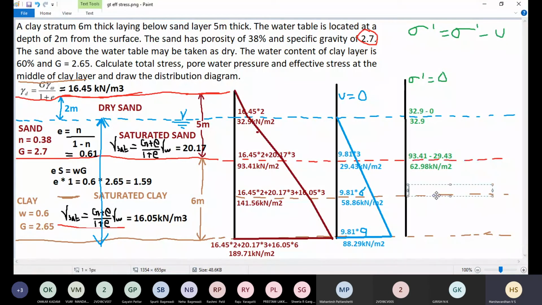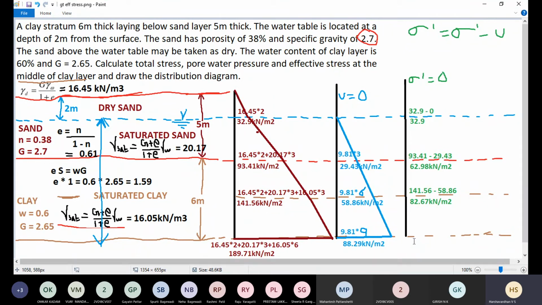At the center of the clay layer, total pressure is 141.56 minus pore pressure 58.86. So what is the effective stress? 82.67 kilonewton per meter square.